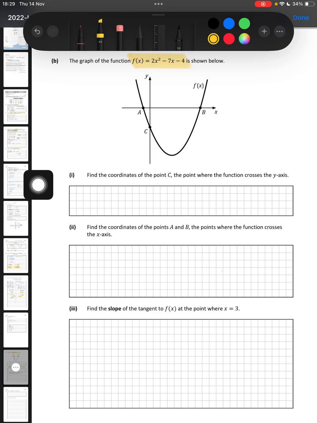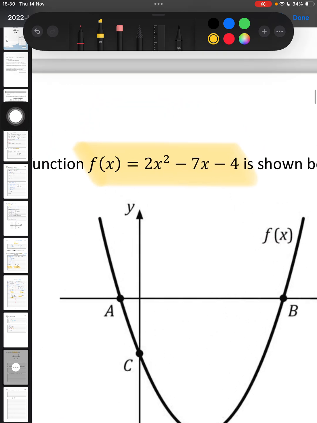So here this first question says find the coordinates of the point C. We've been given a function here. Just as a quick recap on our function stuff, why is this function a U shape? Well, remember, we're always looking at the sign in front of the x squared.